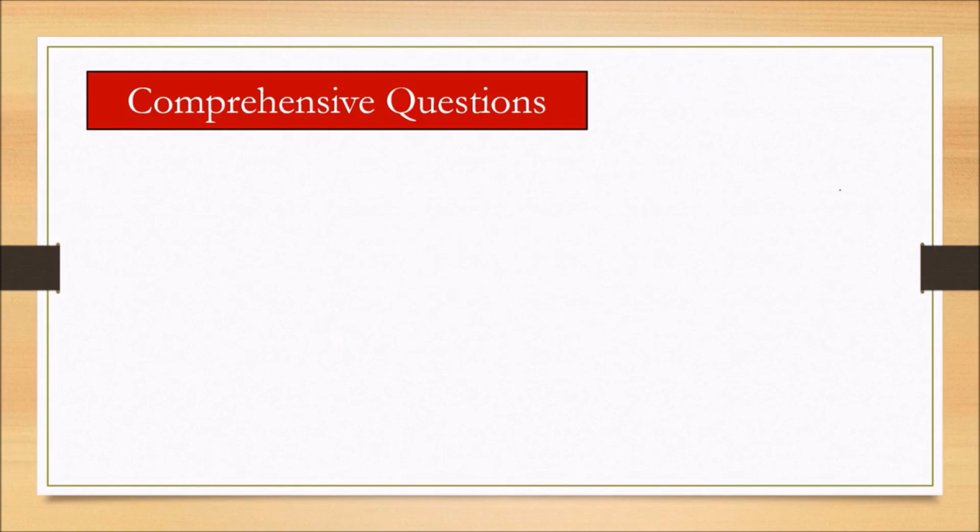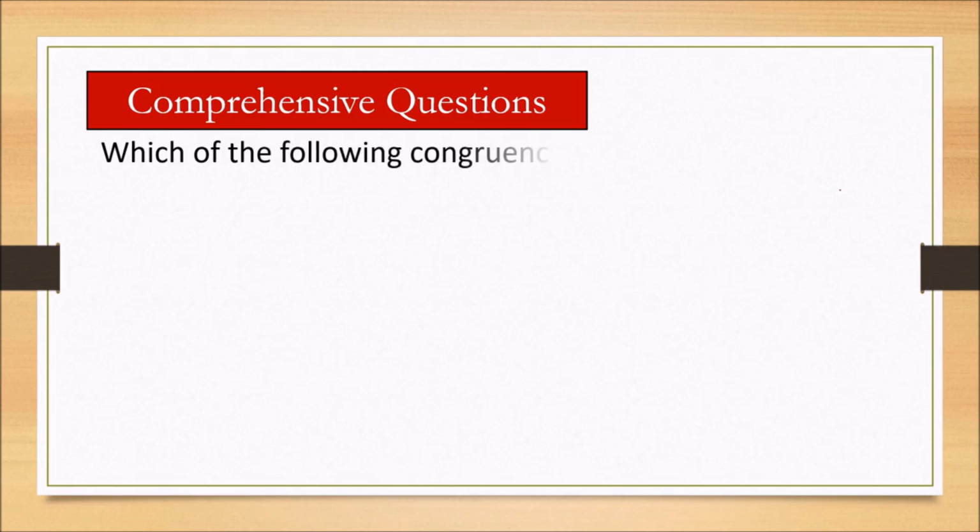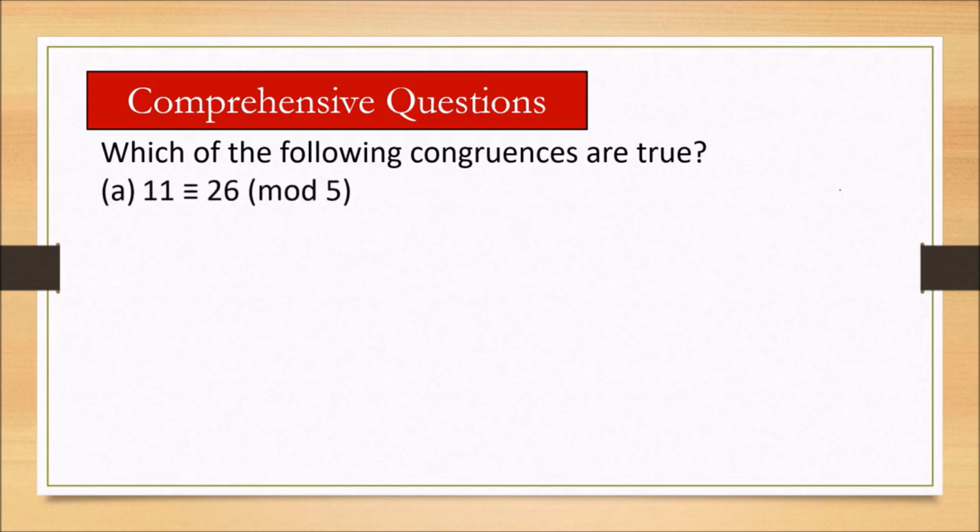Let's solve some questions for better understanding. Which of the following congruences are true? First question: 11 is congruent to 26 modulo 5. Is it true or false? This is very simple, as per the definition, n should divide a minus b.